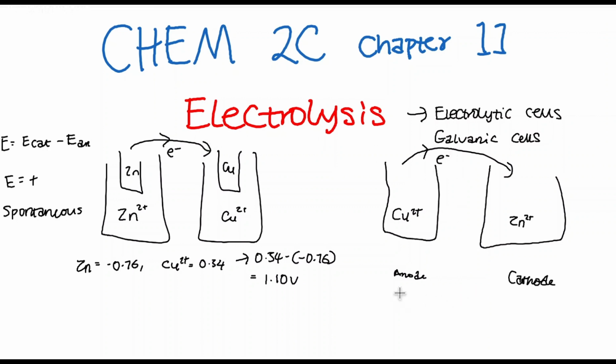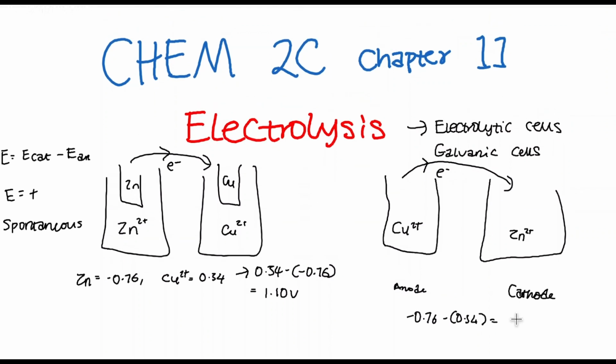Because when you do the E, it will be the cathode minus anode, so it will be negative 0.76 minus positive 0.34. It's going to be negative 1.10 volts. As you notice, the E is negative now in an electrolytic cell. So that means this reaction is going to be non-spontaneous.